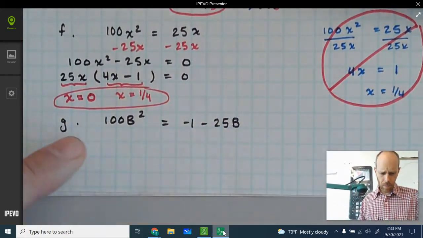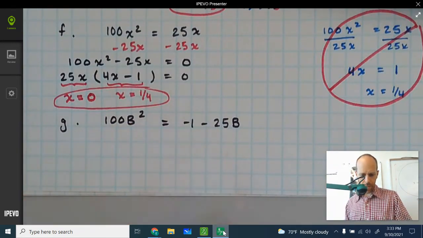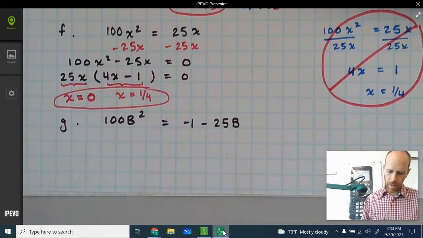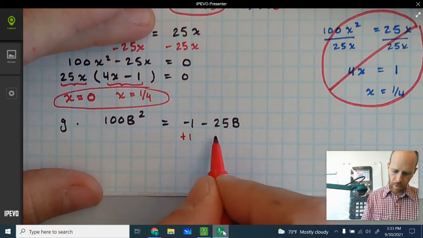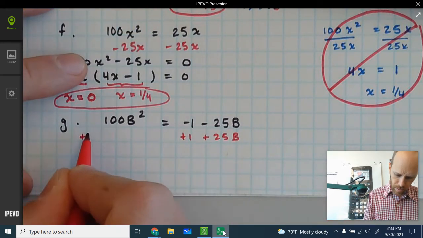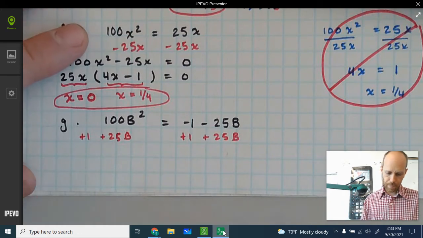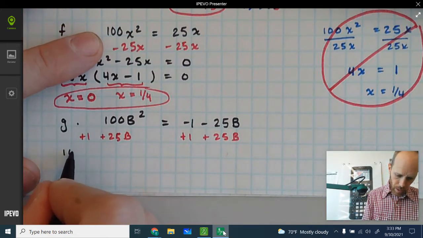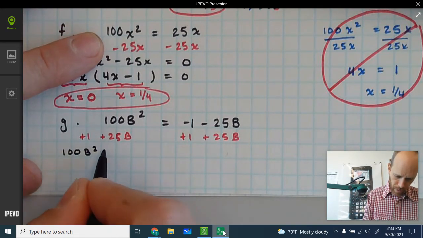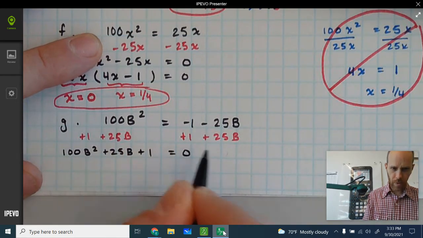One more problem. 100b squared is equal to negative 1 minus 25b. So this is another problem where we're going to need to move everything to one side, which leaves us with 100b squared plus 25b plus 1 is 0.